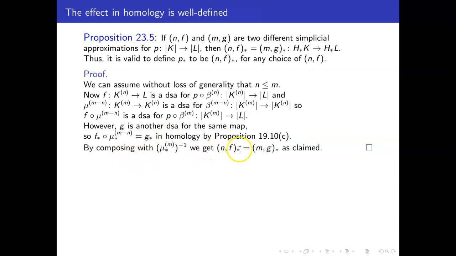Now remember, for n, f lower star we have to take f lower star and compose with the inverse of mu^n star, whereas this one is g lower star composed with mu^m star inverse. And so just by composing with the inverse of mu^m star, we get that these two things are the same.